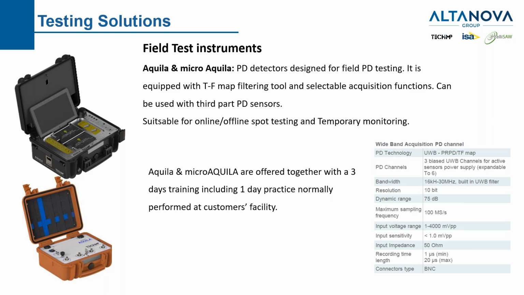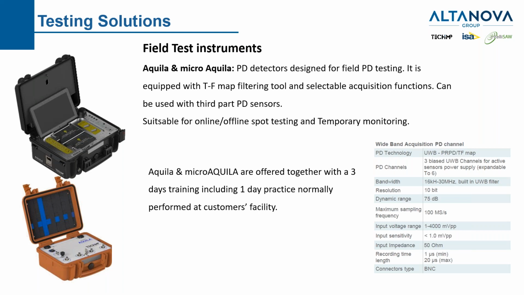Here we have some specifications of the acquisition unit's signal. You can see our bandwidth is pretty high, 16 kilohertz up to 30 megahertz. We have a 10-bit resolution and a sampling frequency of 100 megasamples per second. Both these instruments are normally sold or offered together with a 3-day training that is part of the service department's duty.